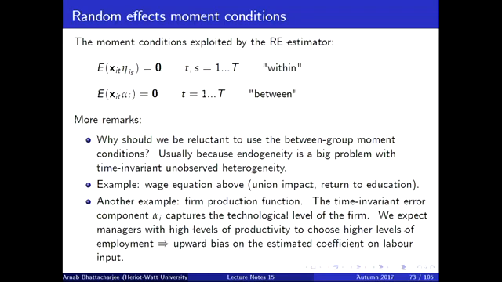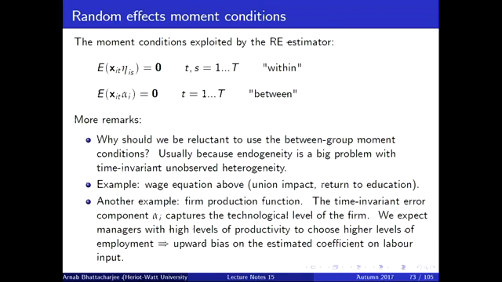So we're going to see in a few minutes how we do feasible GLS here. But this seems quite plausible, right? This is something that we can do to efficiently utilize all the moment conditions which are there. In the process, we are going to obtain something which is more efficient than random effects, more efficient than fixed effects, more efficient than between effects as well, right?